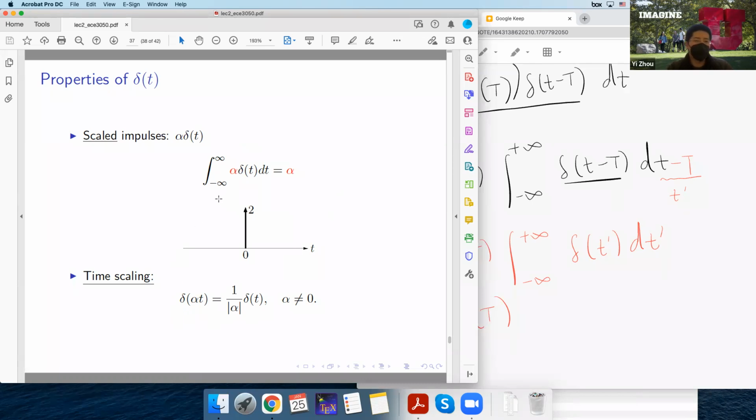And following this, we can also consider this time scaled version of delta, so delta alpha t. So we are scaling this time variable by the coefficient alpha.